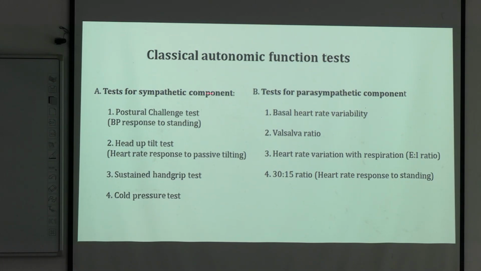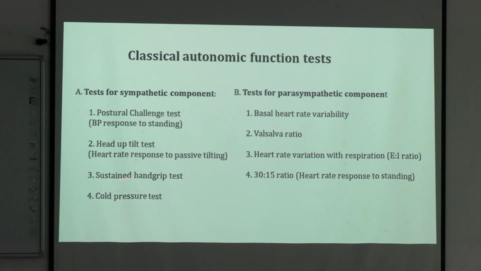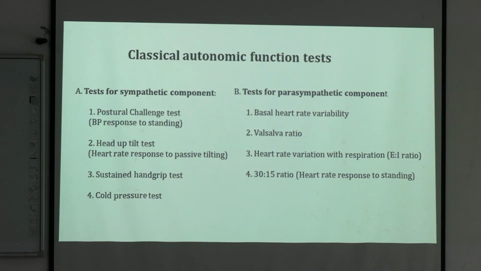Tests for the sympathetic system: postural challenge test, which I will explain in the subsequent slide; head up tilt test, also called the tilt table test; sustained hand grip test; and cold pressor test. Tests for the parasympathetic system are basal HRV or heart rate variability, and Valsalva ratio.